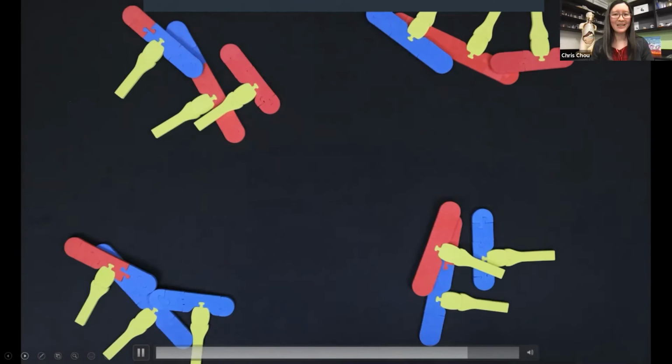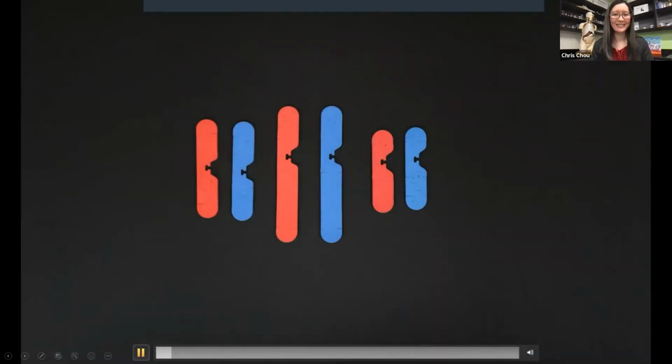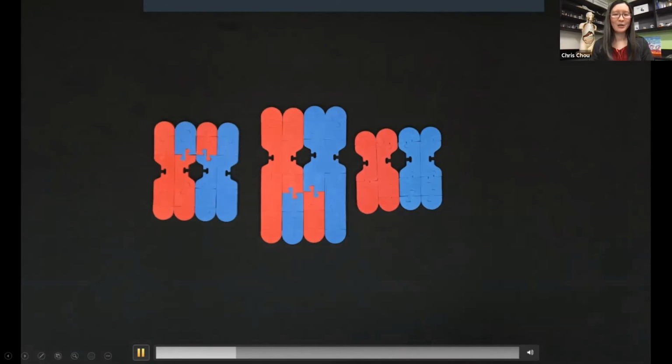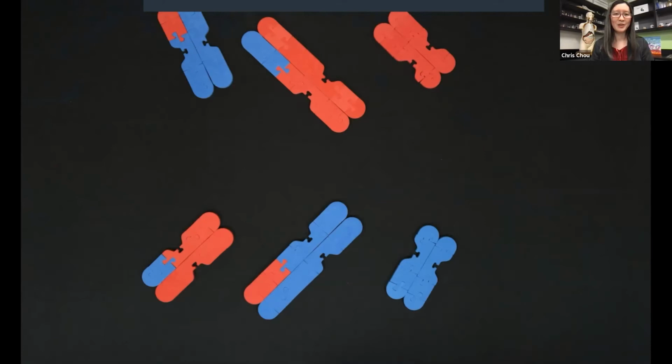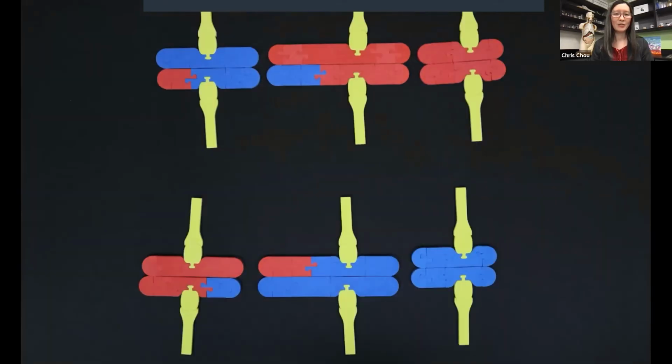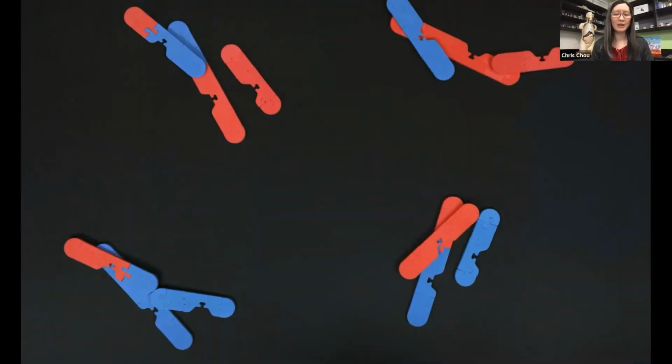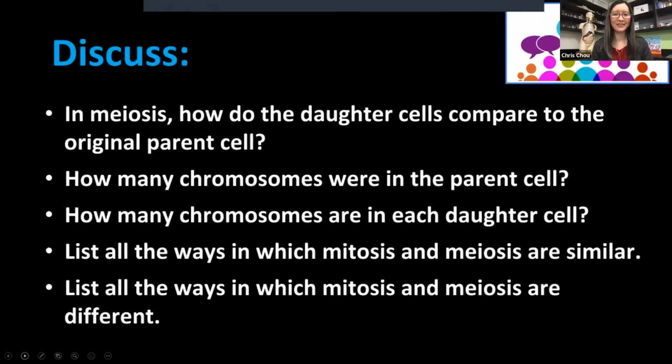So here is an animation showing you from the classroom kit 3 pairs of chromosomes and going through meiosis 1 and meiosis 2. All right, so again, you can have your students do stop motion videos, animation videos.